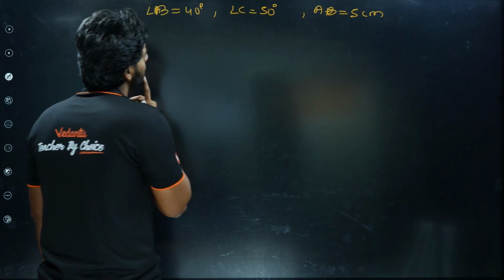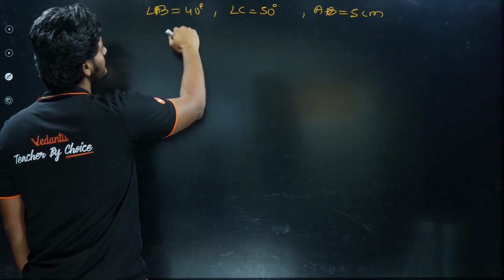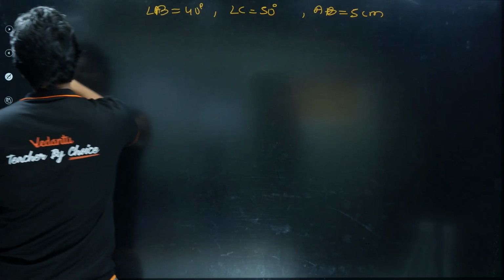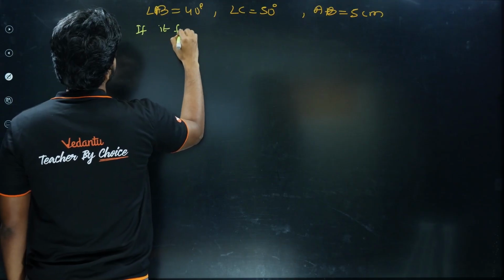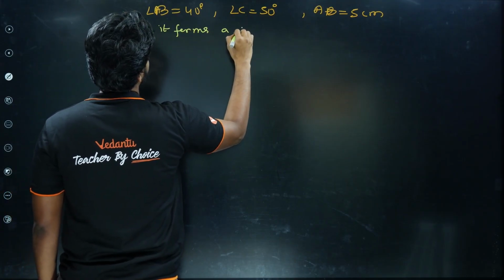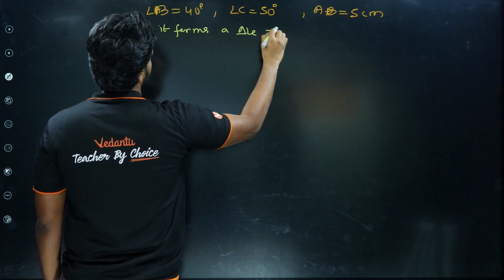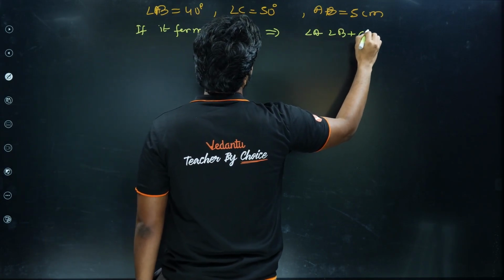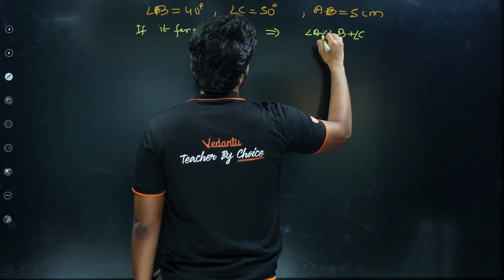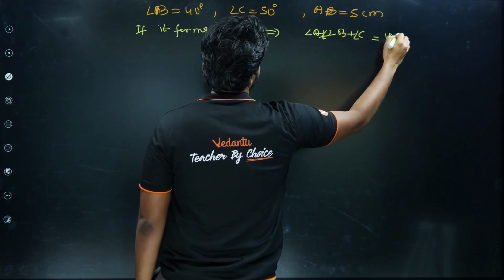You see, we are sure that if it forms a triangle, let me write it down, that implies angle A plus angle B plus angle C should be 180 degrees.